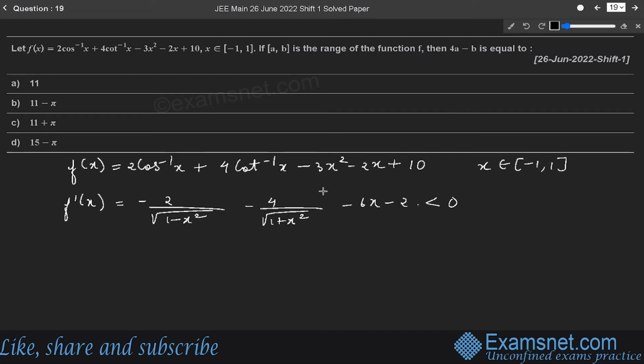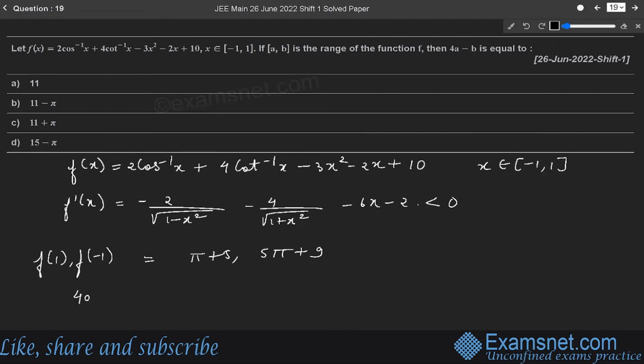We can see that f of x is a decreasing function and the range of f of x is f of 1 and f of minus 1, which will be pi plus 5 and 5 pi plus 9. This is the range for f of 1 and f of minus 1.